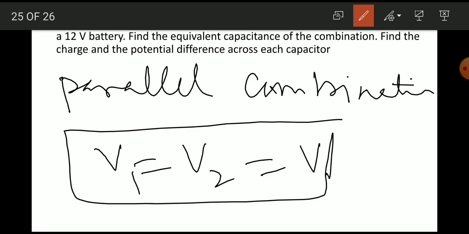Each instrument will get the same amount of voltage which is given initially. So a 12 volt battery is given here, so each instrument will get 12 volts.